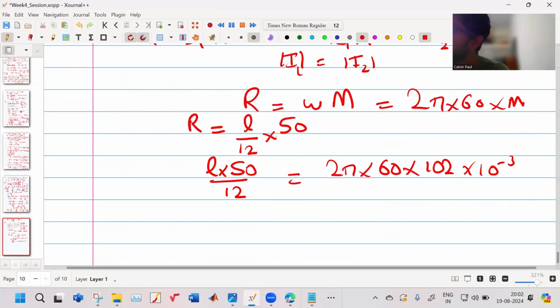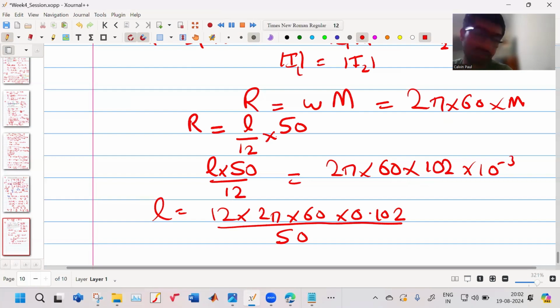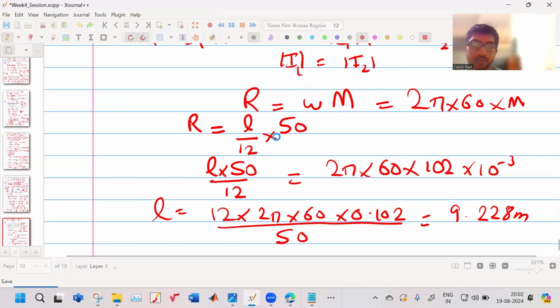So L is equal to 12 into 2 pi into 60 into 0.102 upon 50. You can calculate how much it is. So your L comes out to be 9.228 meter.